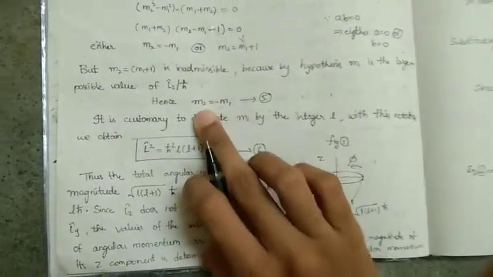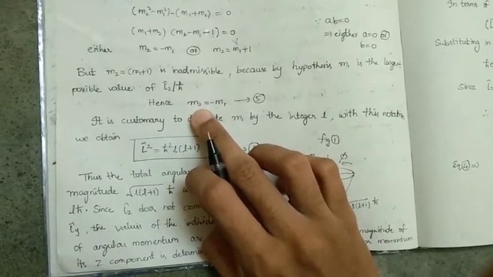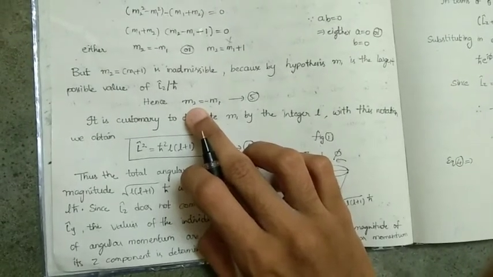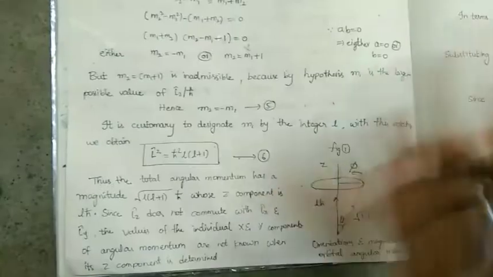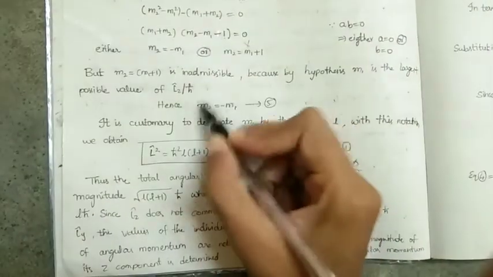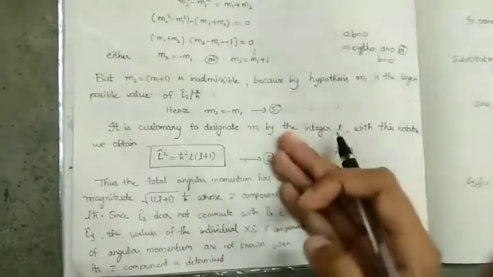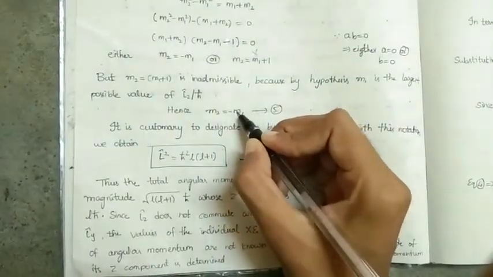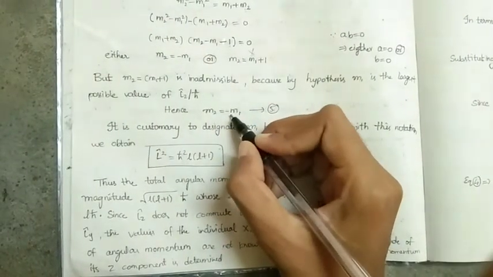Just like we have minus L to plus L. For L equals 2, the maximum positive value is plus 2 and the maximum negative value is minus 2, because they are just polarity changes, plus 2, minus 2. Same here also, because the values range from minus L to plus L, so plus L and minus L. If m1 is 2, then m2 must be minus 2.